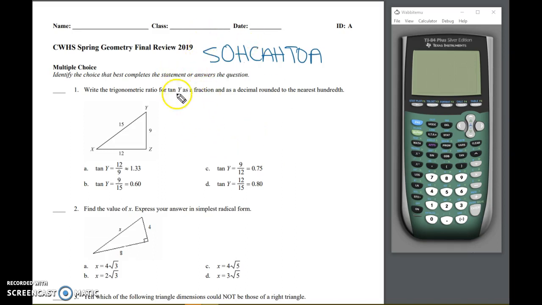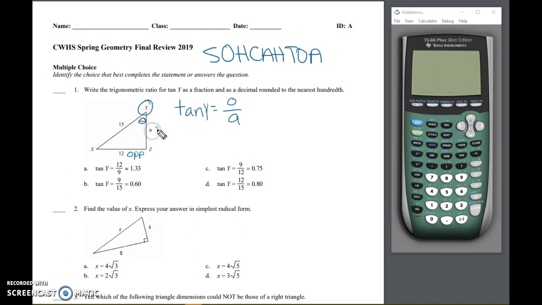And it says I want the tangent. So that means I want the opposite over the adjacent side. And that's tangent of y. So y is my theta. I'm going to label that theta. And from theta, I label my other sides. So opposite of theta, that is the opposite side.